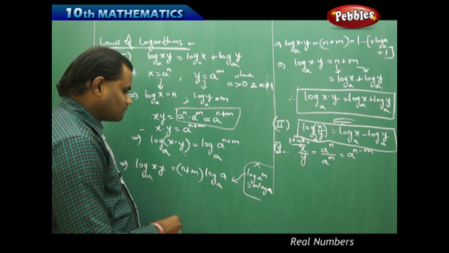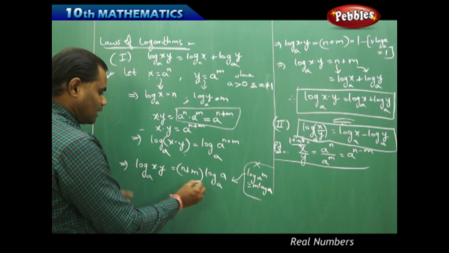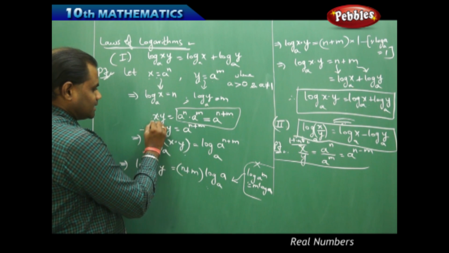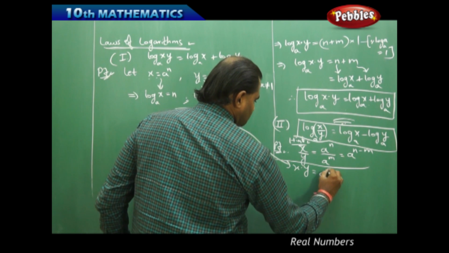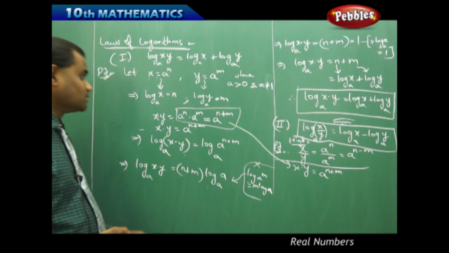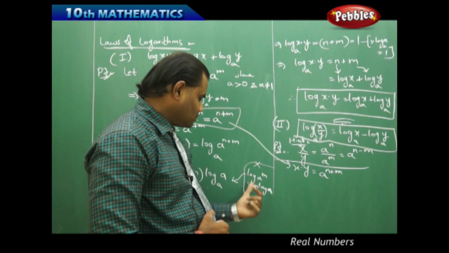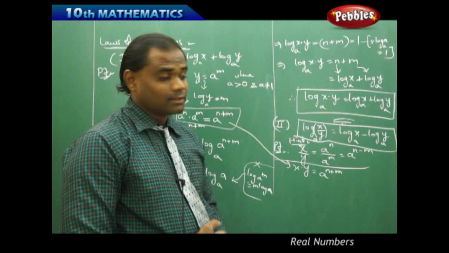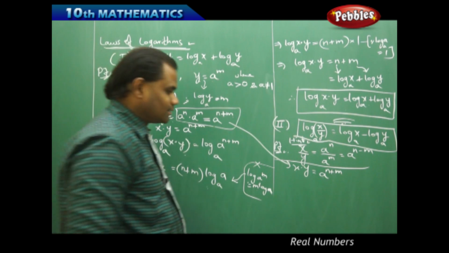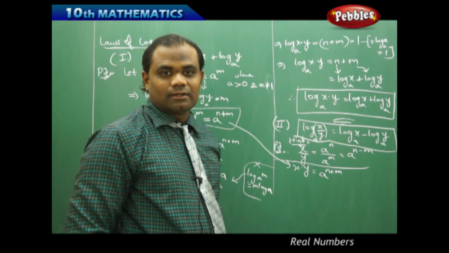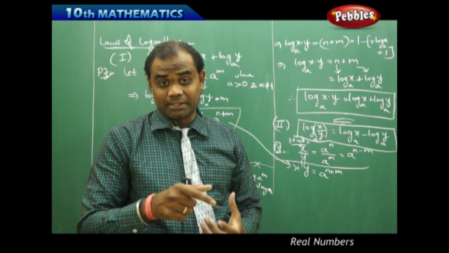So let's see just one statement in case of reconsidering this. Now I take x into y as a power n plus m, through which I'm going to derive this part. I'm going to prove this directly without using the formula log a power m is m log a. So when x into y is a power n plus m, I understand through the property that when x is a power n, then log x to the base a is n.